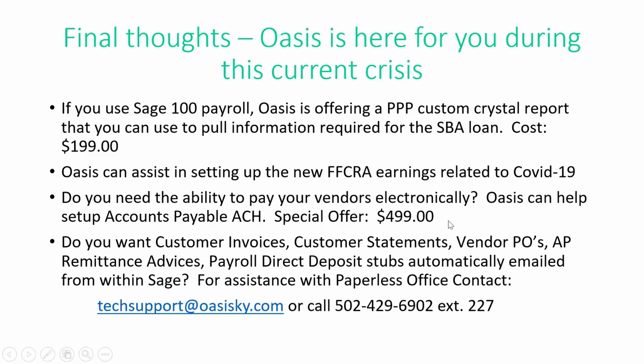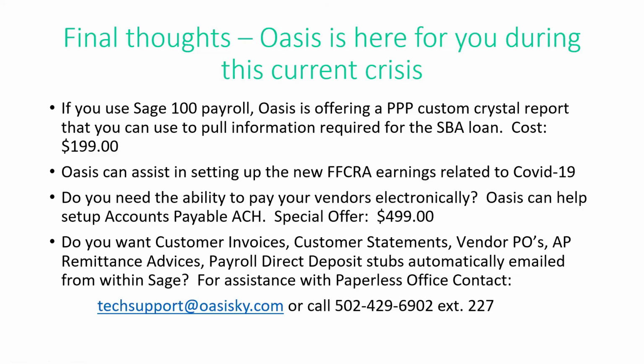Also, about 2 weeks ago, I think it may be 3 weeks ago when all of this started, we also sent out a special offer to all of our clients if you wanted to implement and set up accounts payable ACH, which I believe that functionality goes back to probably the 2016 version.